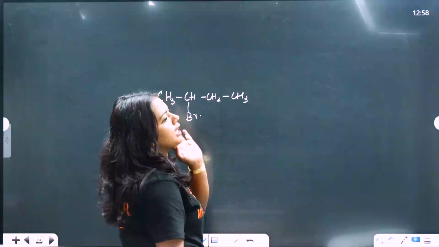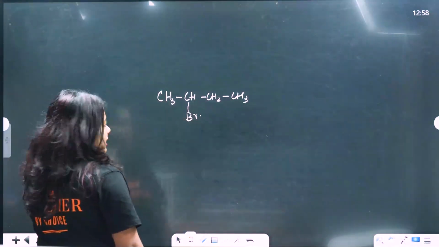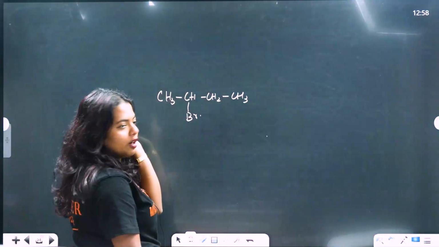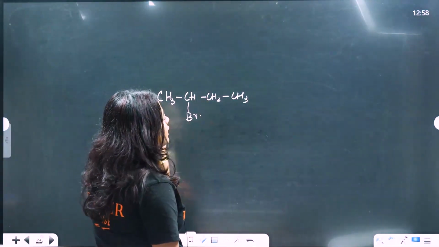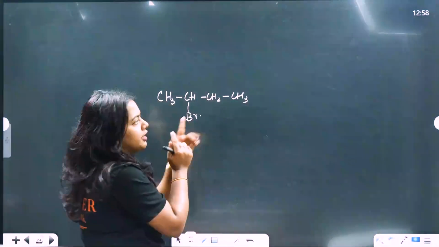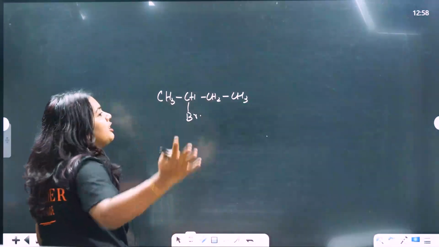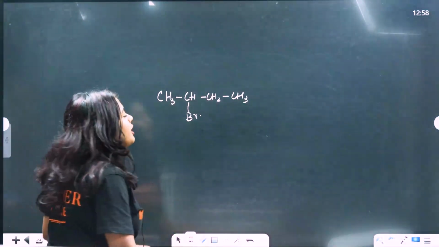And you know that all the carbon valencies have to be filled by different atoms. Here, the first carbon has 3 valencies filled by hydrogen, so there is no chiral center in the first carbon. The third carbon also has 3 hydrogens filled, so it cannot be chiral. Different atoms are needed.